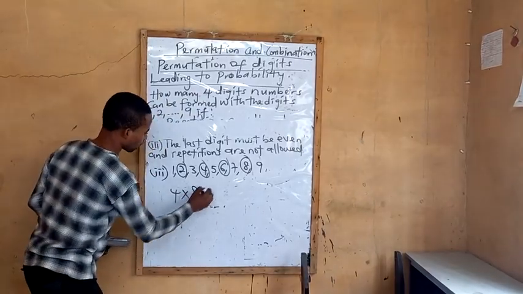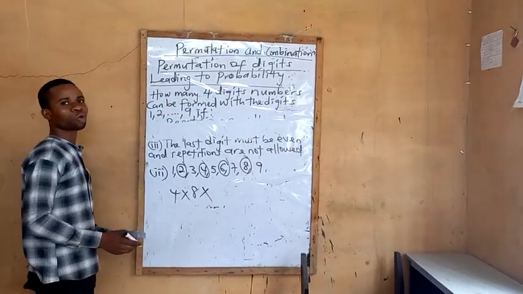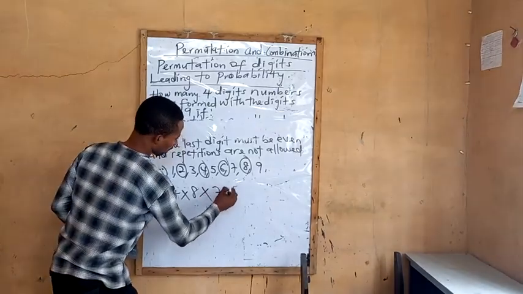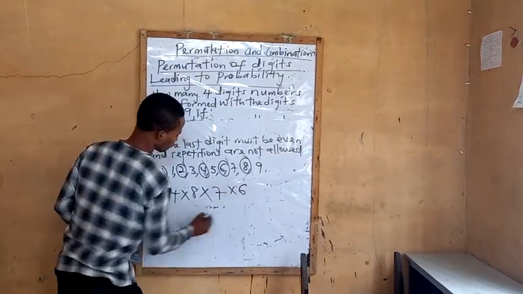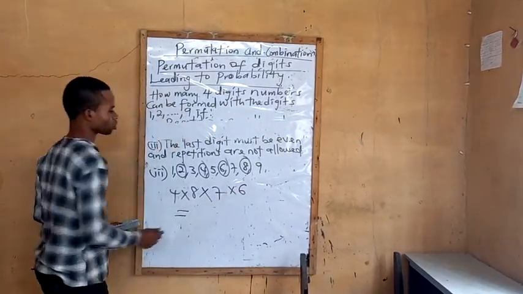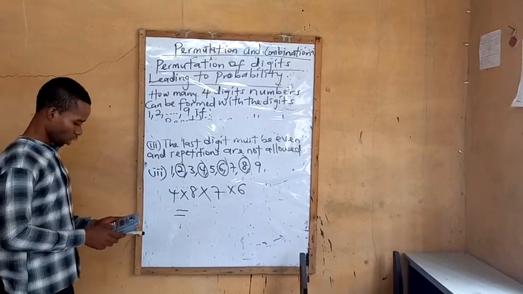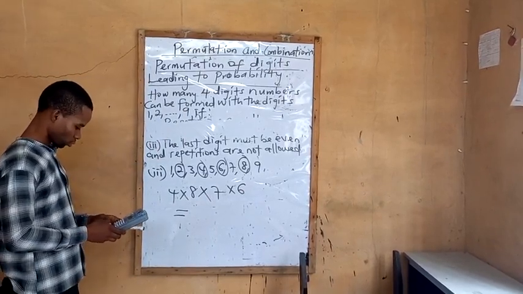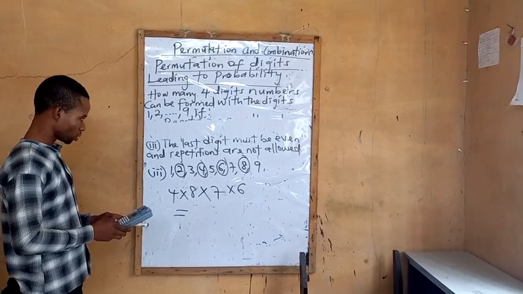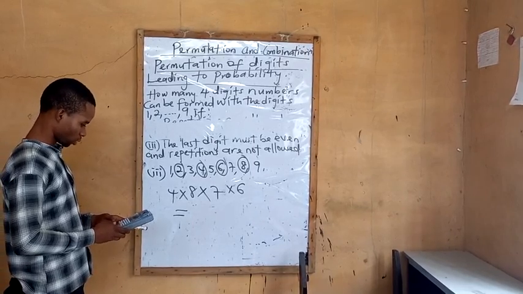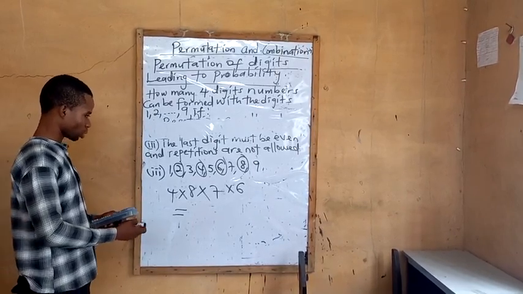The third number is going to occupy 7 places. And the fourth number is going to occupy 6 places, since repetition is not allowed. So that is going to be 4 times 8 times 7 times 6. That's 1,344.